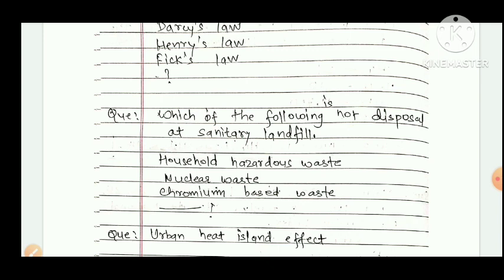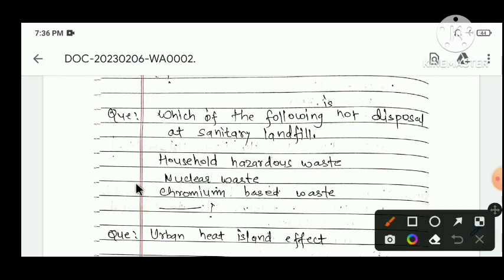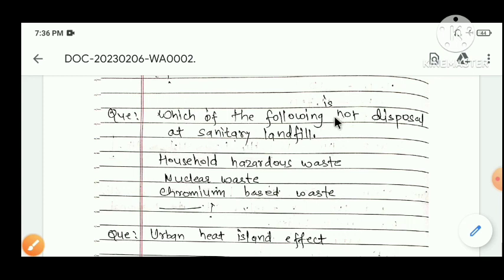You have to select the option which is not disposed at a sanitary landfill even after treatment. So the option nuclear waste will come, right? Somewhat in the question also some data is missing, and a proper question is not formed. That's why we cannot answer this question either. A similar question was there in the paper.